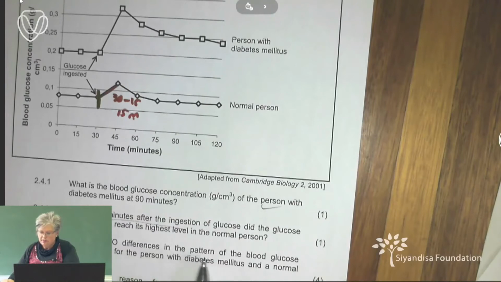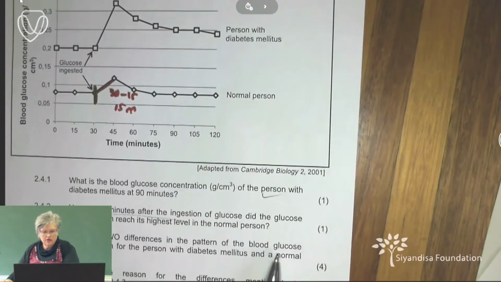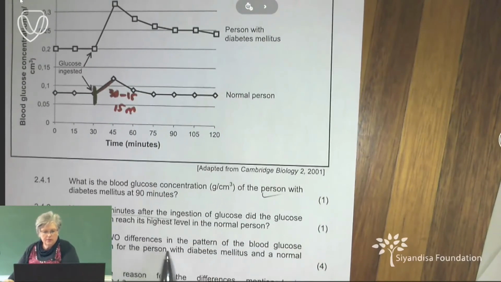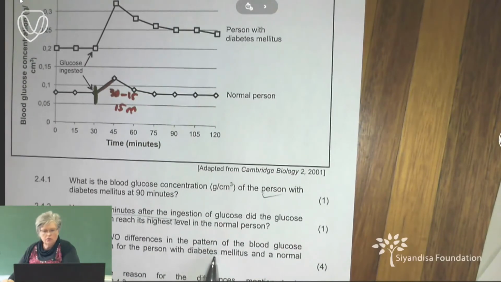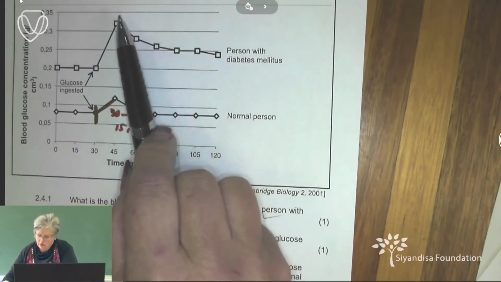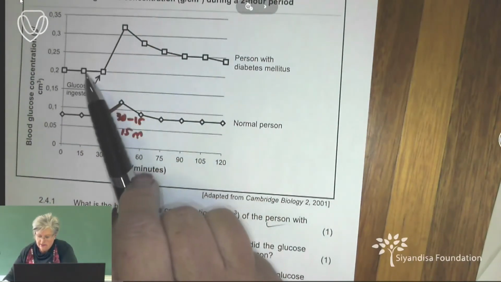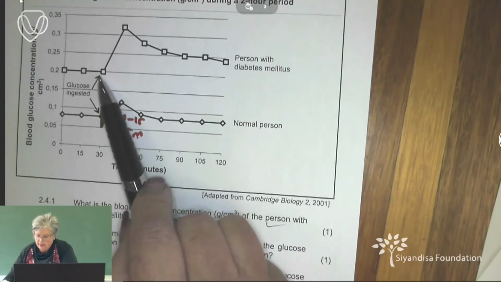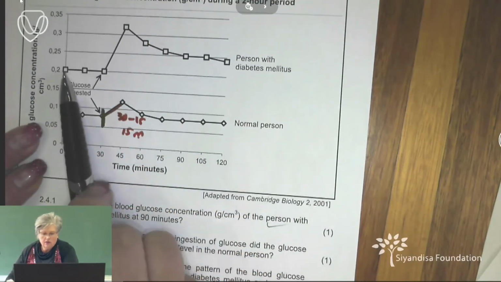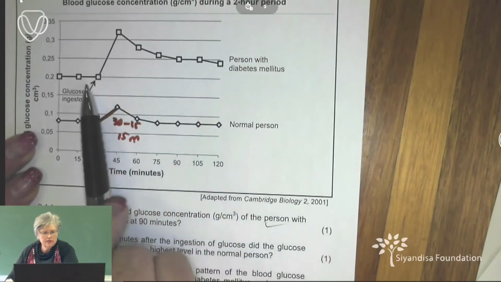Describe two differences in the pattern of blood glucose of the person with diabetes mellitus and a normal person. Okay, so let's look at this. The blood glucose level was a little bit higher in the person with diabetes mellitus.